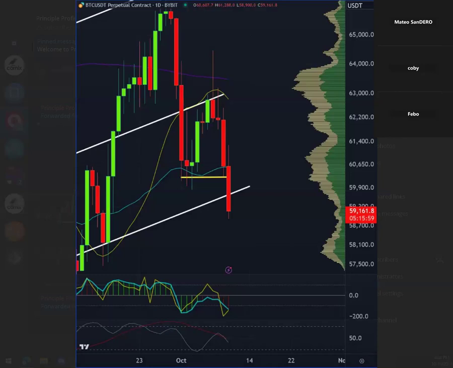If you're looking at that week again of today, we had a good move back up to 61,400, and then this whole thing faltered.